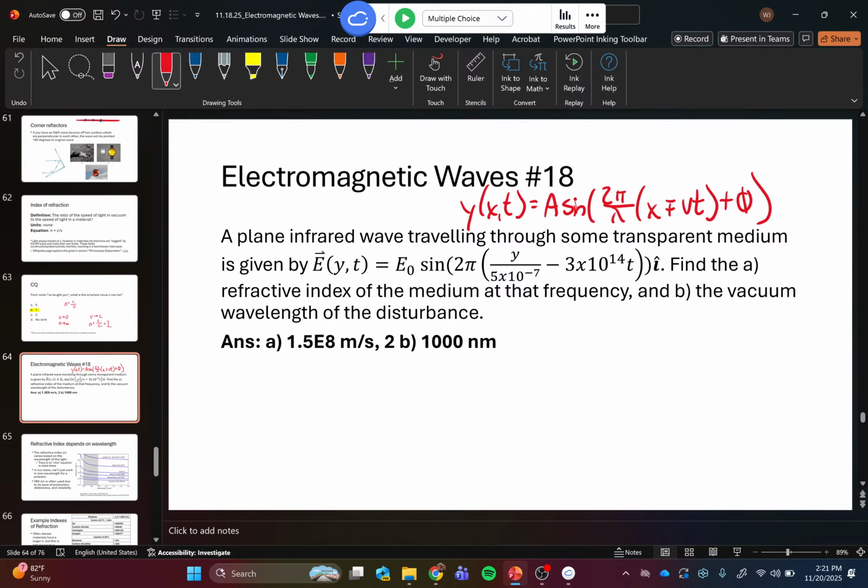Like when waves go through a medium, the frequency is the same. The velocity is different, so the velocity is that of when you're going through the material, right? What's the vacuum velocity?